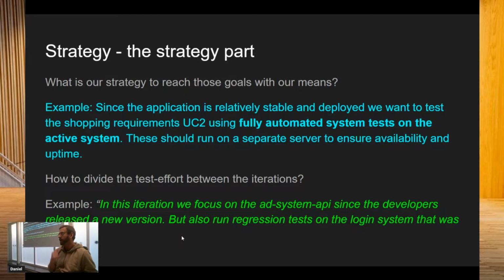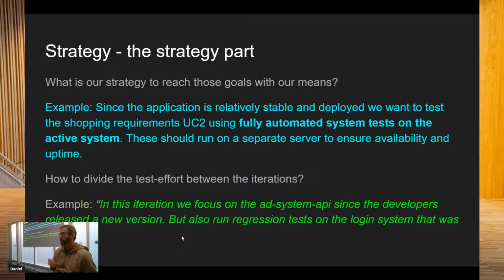Or our strategy could be that we're going to focus on automated unit tests and try to automate as much as possible in this project, because we foresee that we're going to have to release new versions often, and we really want to support the developers.